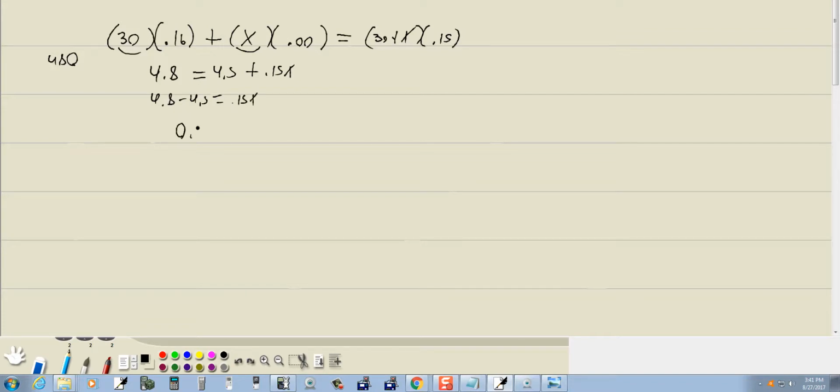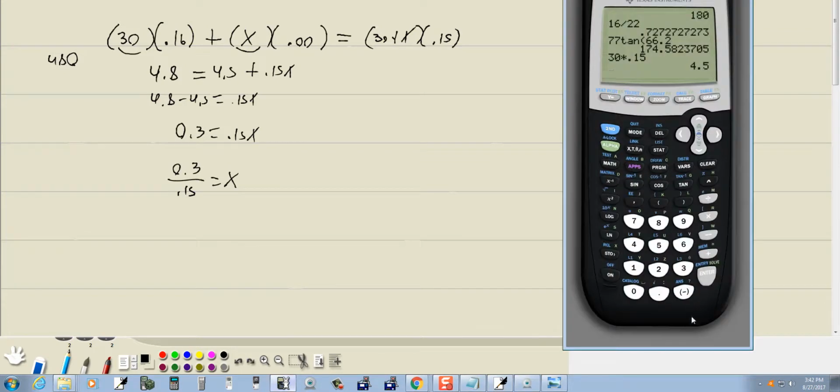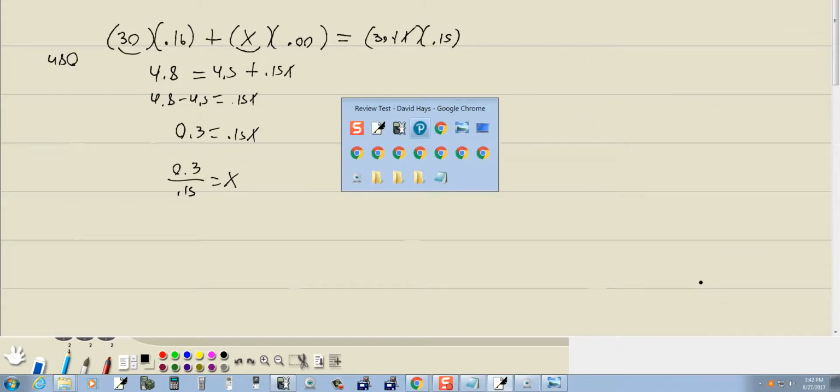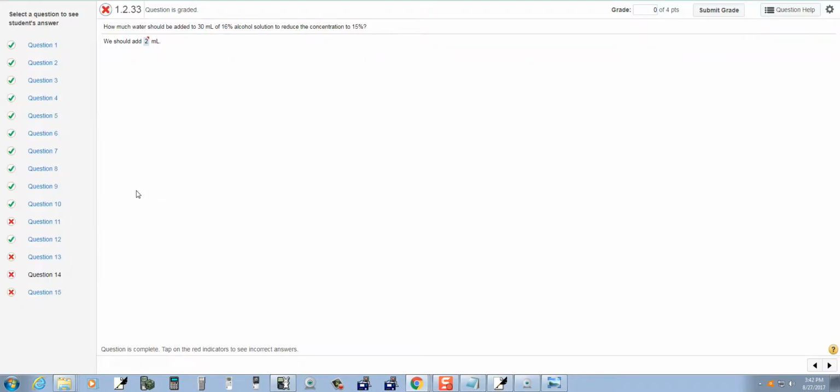And that gives us 0.3 equals 0.15x. Divide both sides by 0.15. 0.3 divided by 0.15 gives us 2. And that's how they get 2 there.